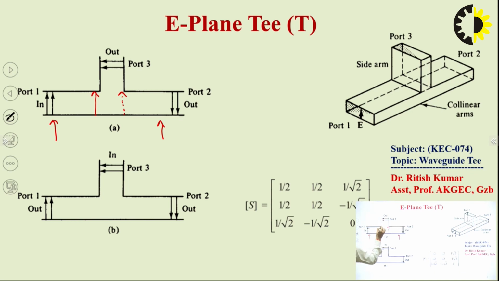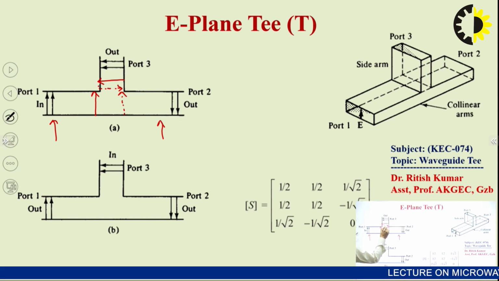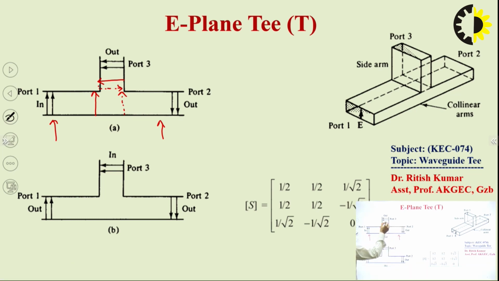So in this condition the arrow is always touching at this boundary for this port, and for this port again the boundary condition is the same. So we will have the direction of the electric field in this way. So clearly we can see here the directions of the fields are opposite in the case of same phase applied field, so these two fields cancel out with each other.